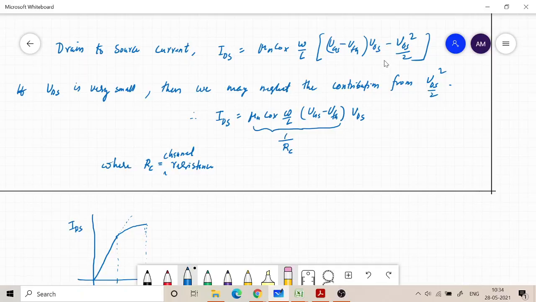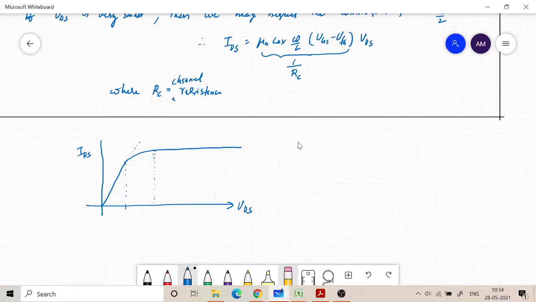If you take the derivative of IDS with respect to VDS, it is going to become 0, and from that point onwards, if you increase further, then the current is going to go down, because the second term is going to dominate more than the first term. But that can never happen practically, and what actually happens is that from then onwards the current will remain constant.